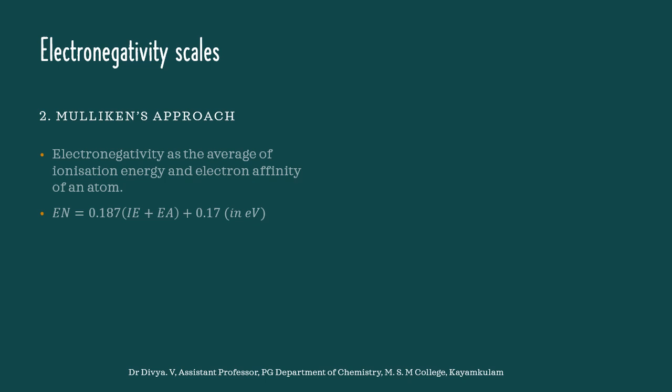Okay, that is, electronegativity of a particular atom can be written as 0.187 into 1 IE, that is ionization energy plus electron affinity plus 0.17. And in this relation, both ionization energy and electron affinity are measured in terms of electron volts.